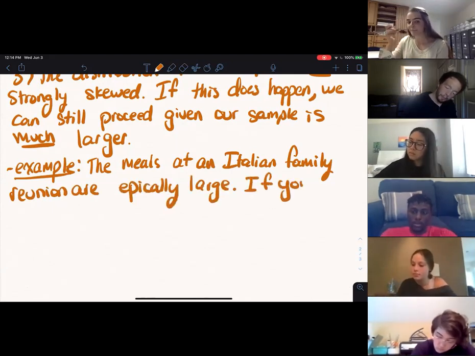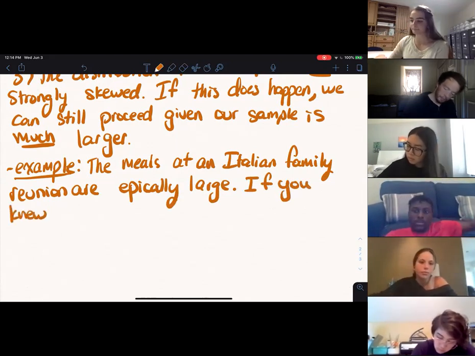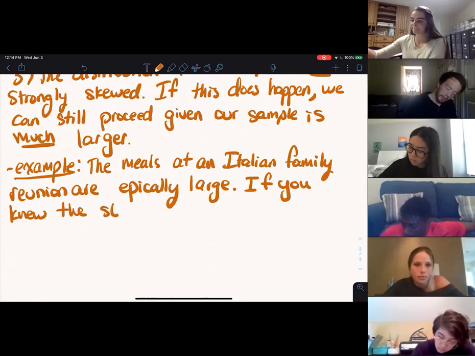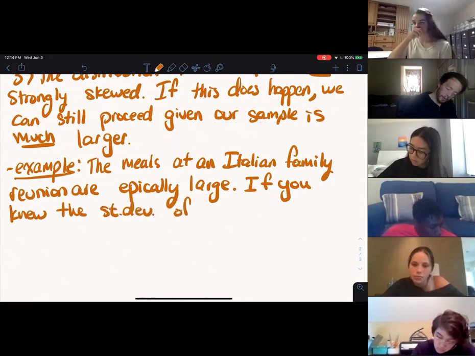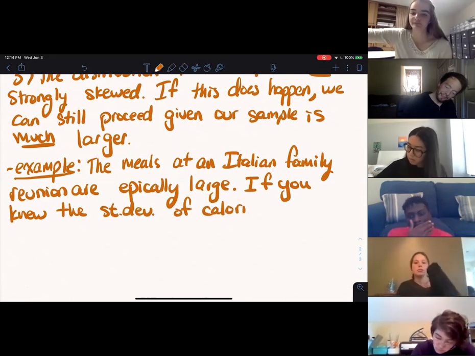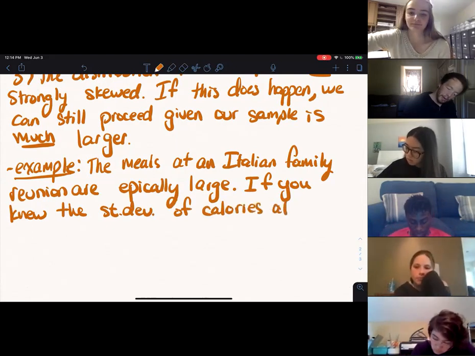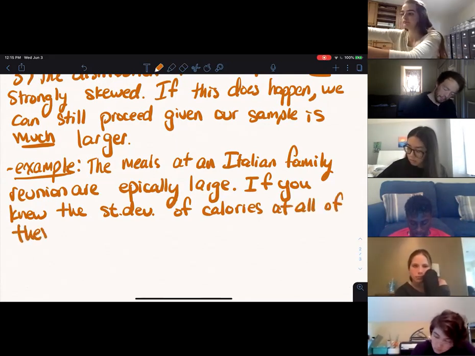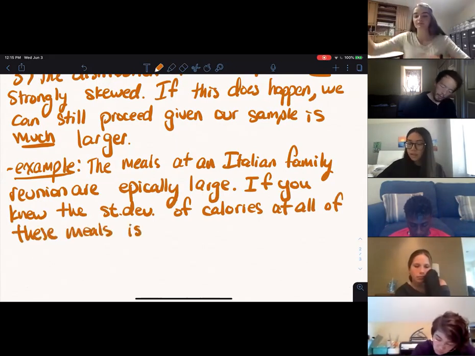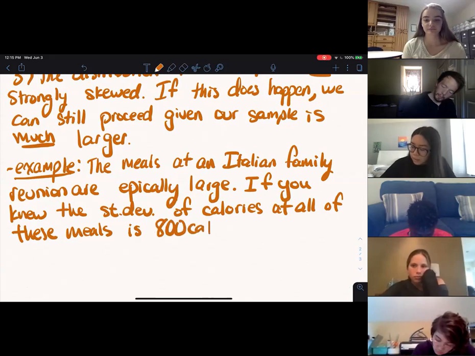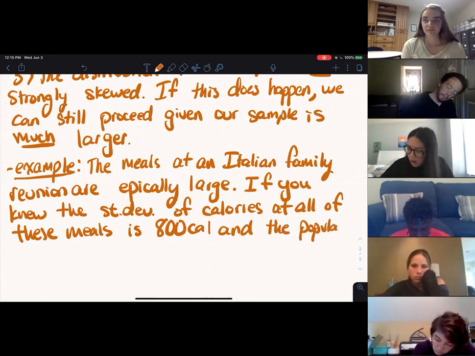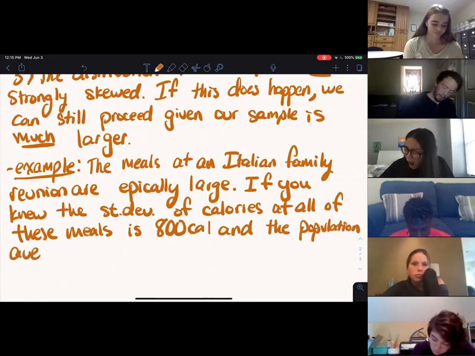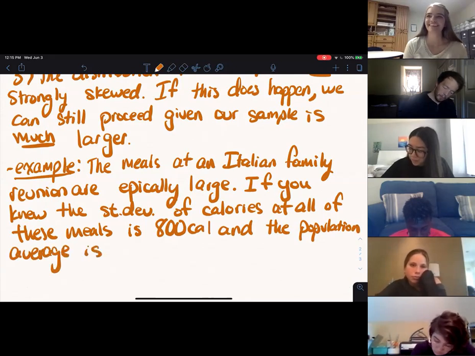If you knew the standard deviation of calories at all of these meals is 800, and the population average is 300,000, so many.